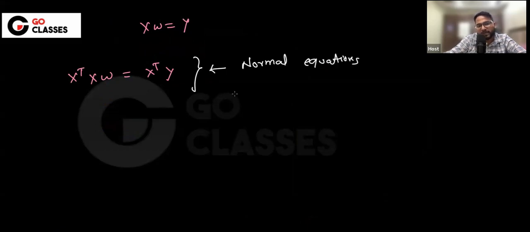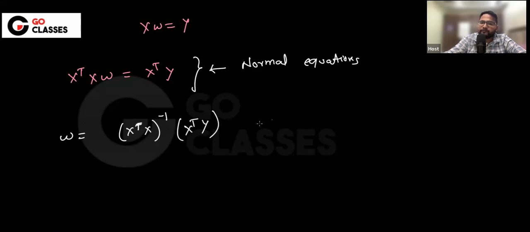Suppose that X transpose X inverse exists. In that case, actually mostly it will exist, because mostly the columns of X are linearly independent. So in that case, you can say it will be something like this. Is this fine to everyone? So this is called closed form solution.